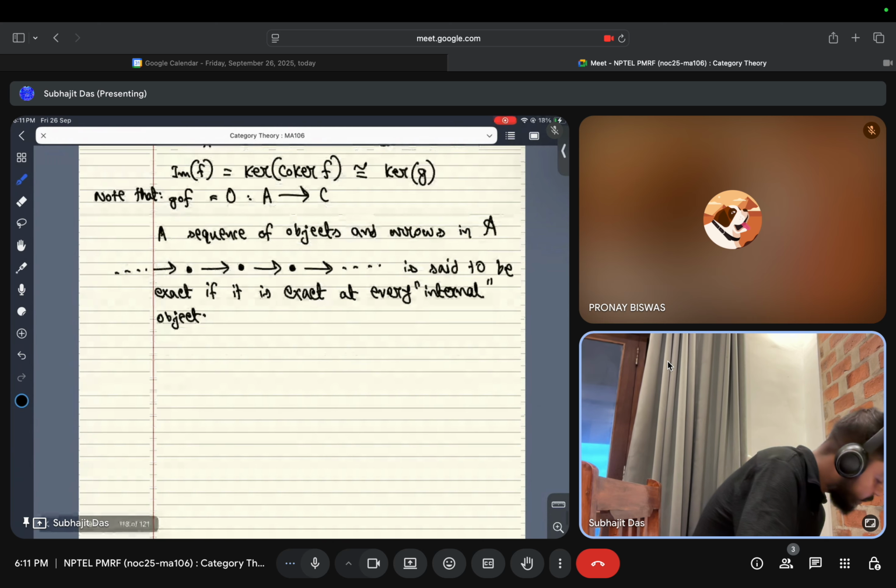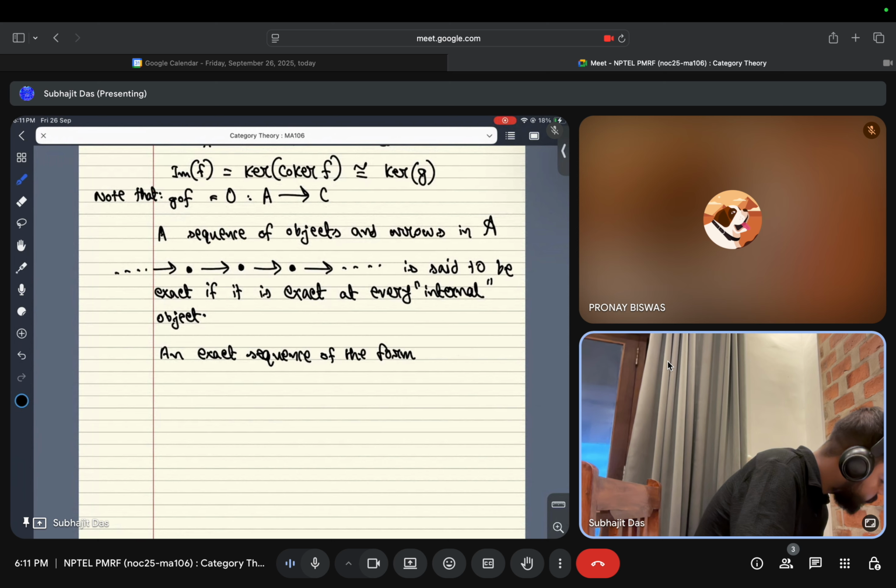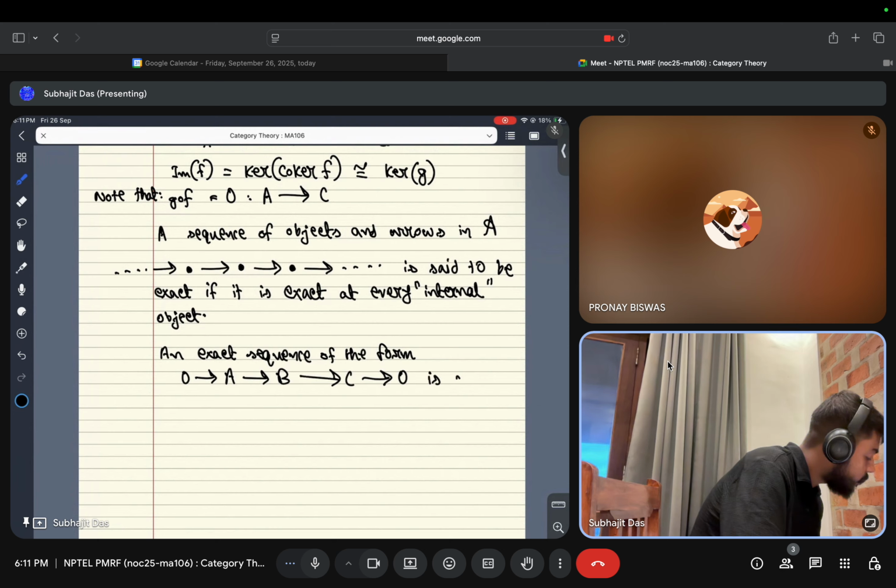And an exact sequence of the form 0, A, B, C, 0 is called a short exact sequence.